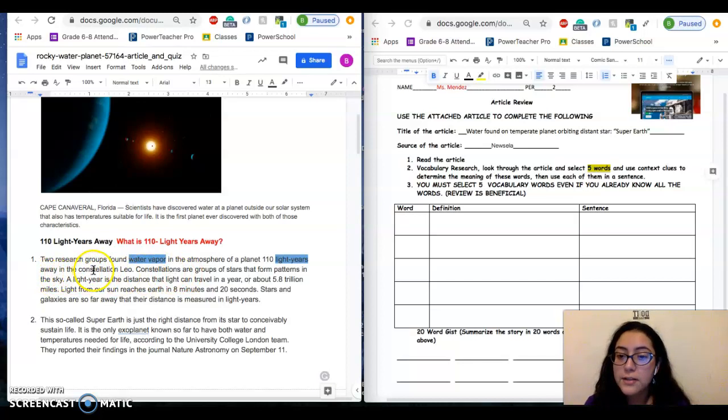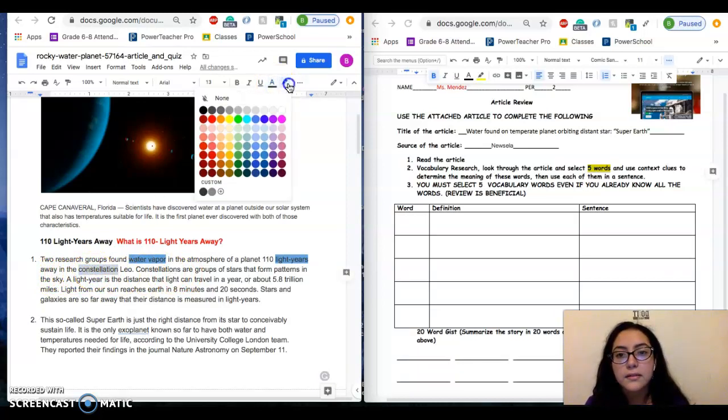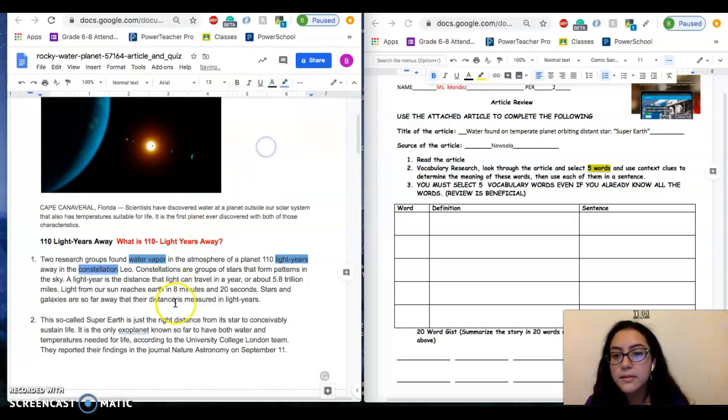Away in the constellation Leo. Constellation. What is that? Big words. Oh, constellation. All right. Oh man, right there it tells me what constellation is. Constellations are a group of stars that form patterns in the sky.